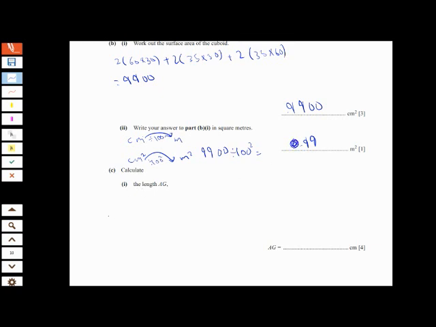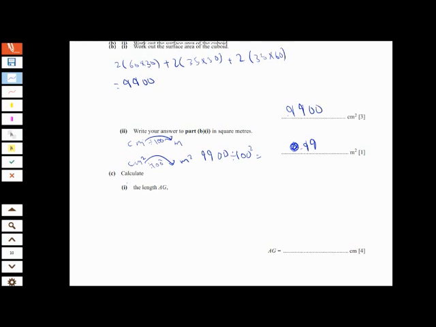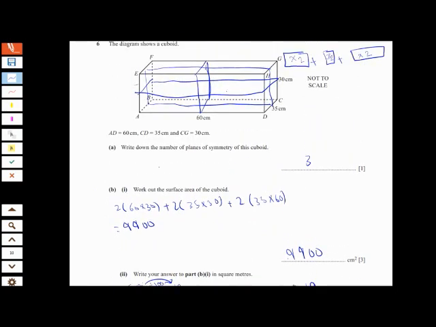And now calculate the length of AG. So where is AG? AG is basically this line right here.